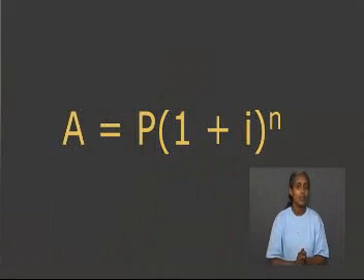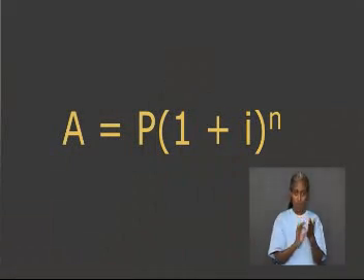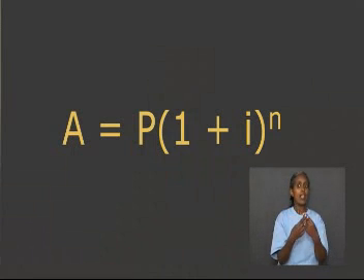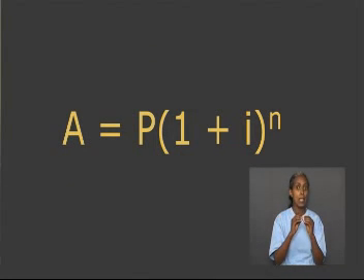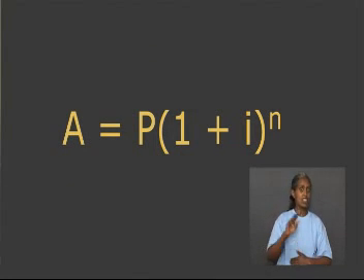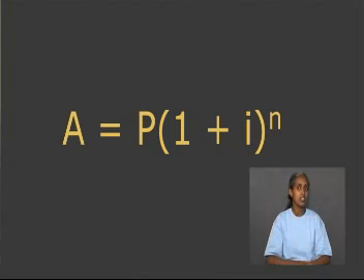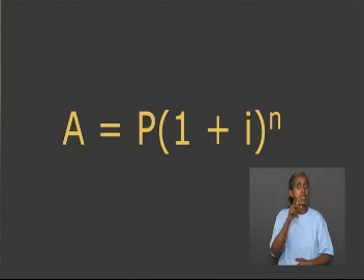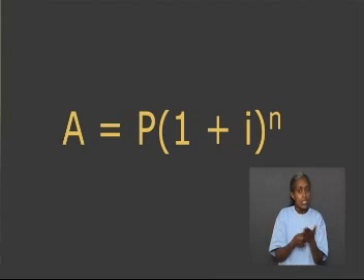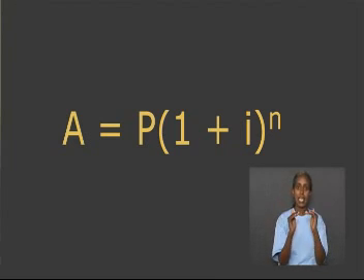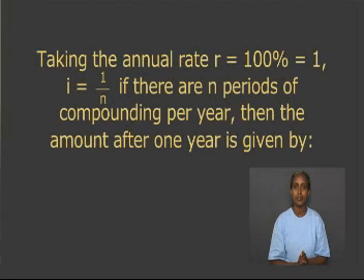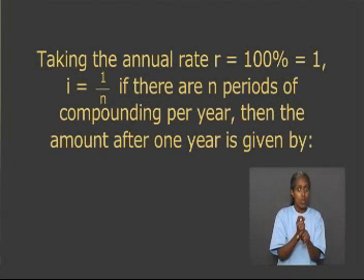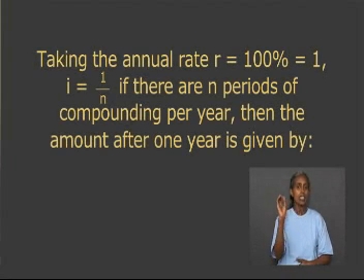We must use the formula amount A equals principal times 1 plus interest to the power of the number of periods. P represents the principal. So in this case, P equals 1. The annual rate, R, is 100%.